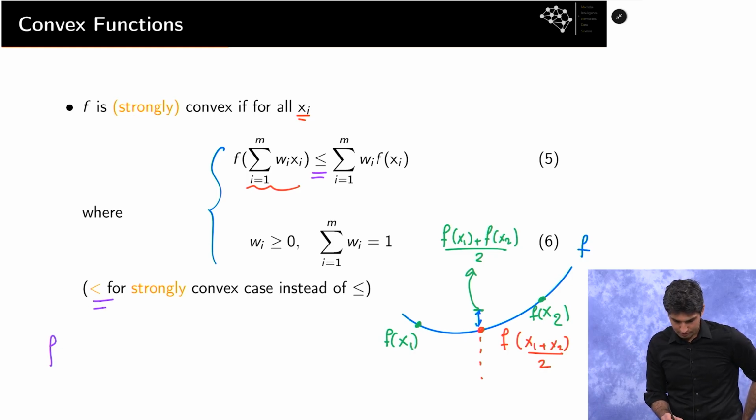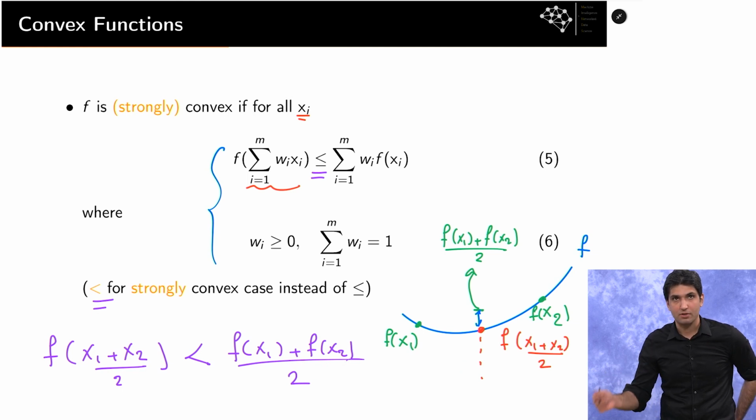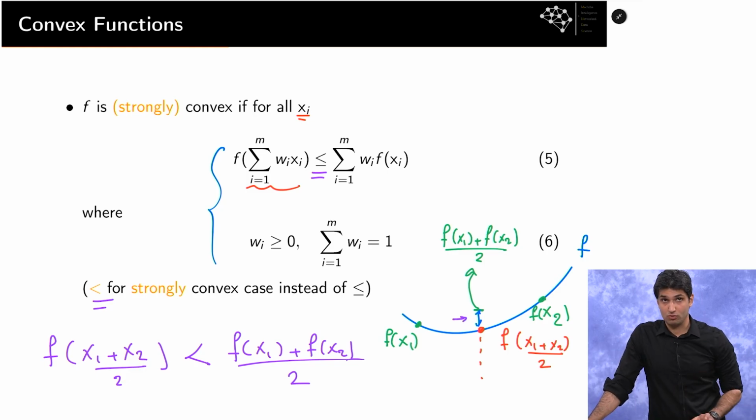This says that if I consider 2 points, f of x1 plus x2 divided by 2 is strictly less than the average of the function values. In fact, the example that I'm showing here is an example of a strongly convex function, where there is always this non-zero gap between these two values.